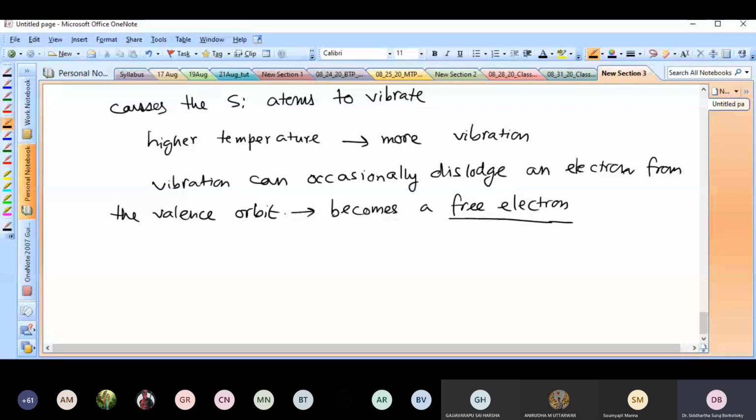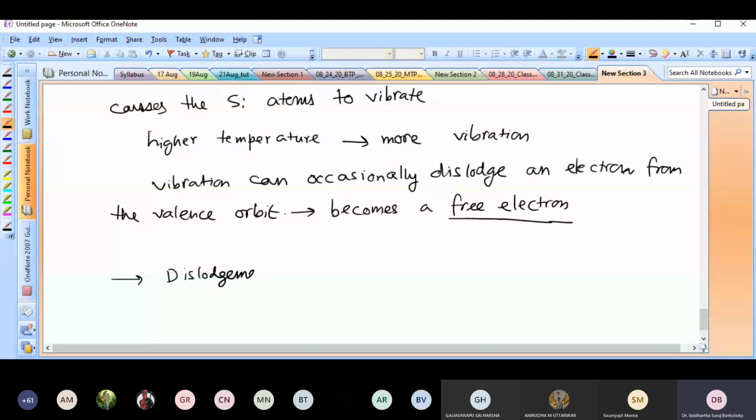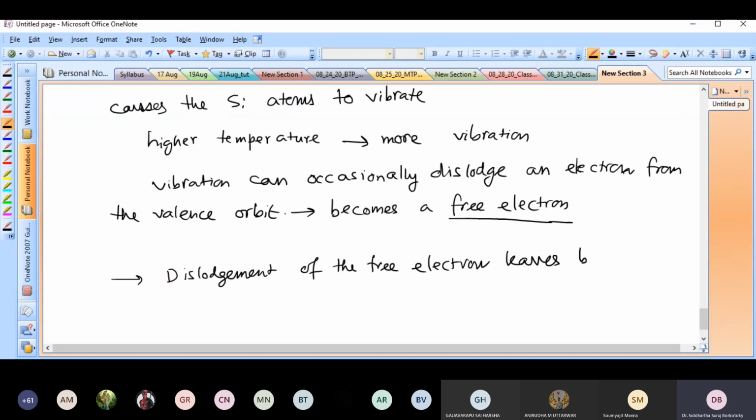The departure, or dislodgement, of the free electron leaves behind what is known as a hole.